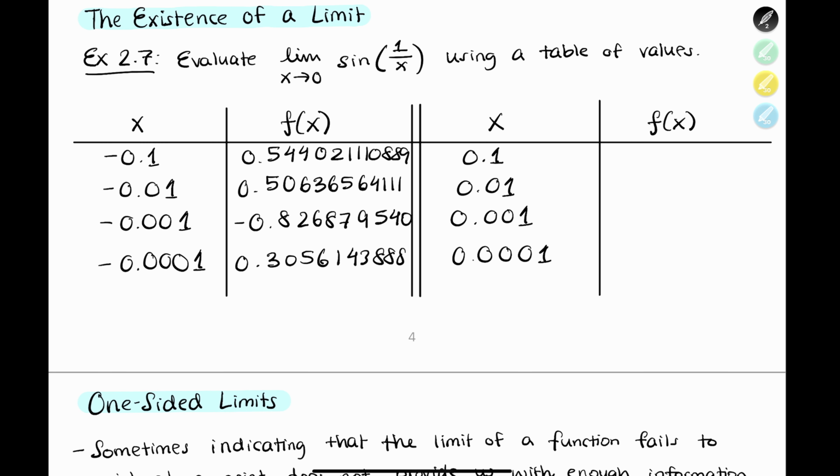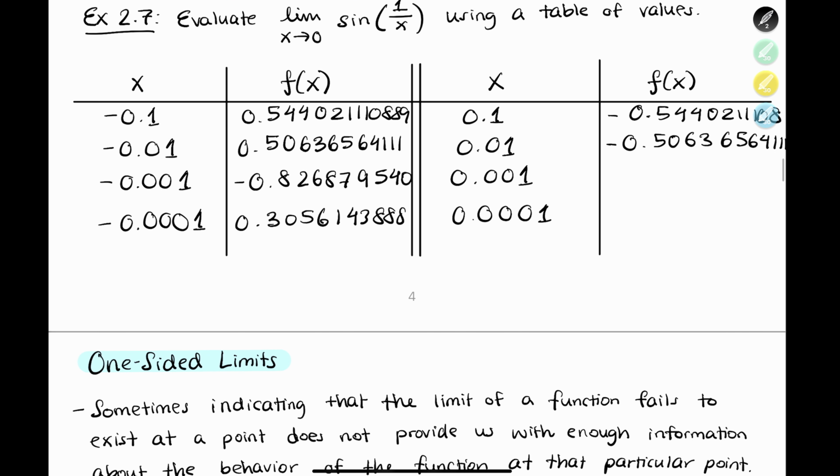Now let's do the f of x values for the right hand side. F of 0.1 is negative 0.5440211108889, but I don't have space, so I'll just keep going. F of 0.01 is negative 0.5063656411.